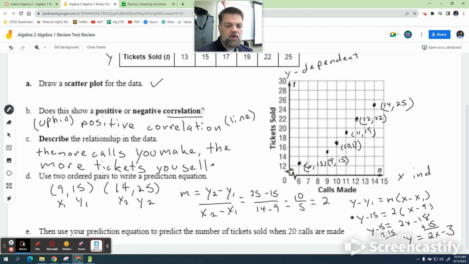And then it says make a prediction if 20 calls were made. So that's saying, what will this be if I have 20 calls? Well, you could do this 2 ways. One way is to plug it into the equation. In other words, the number of tickets I sell, which is like the y, right? Number of tickets I sell is equal to 2 times how many phone calls I make, which is 20, minus 3.